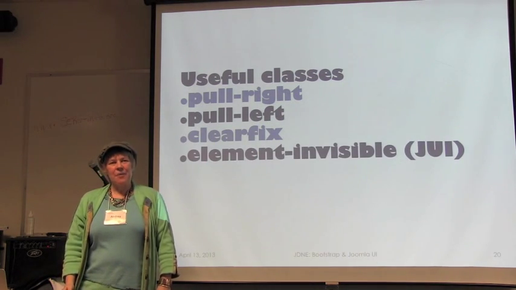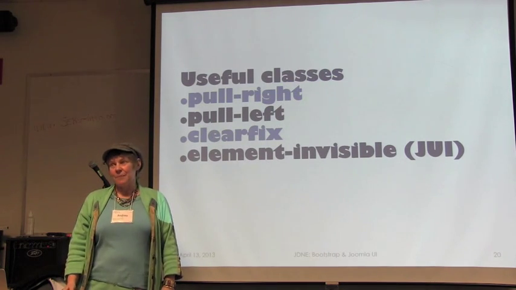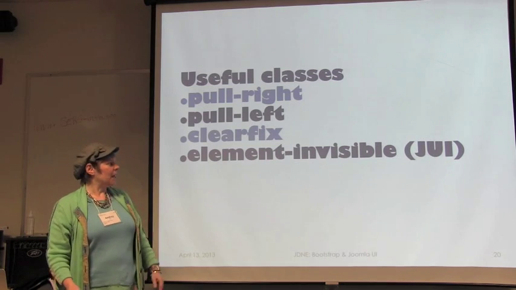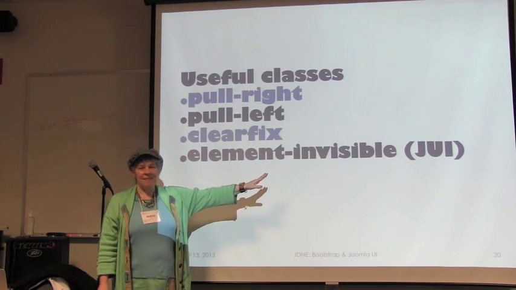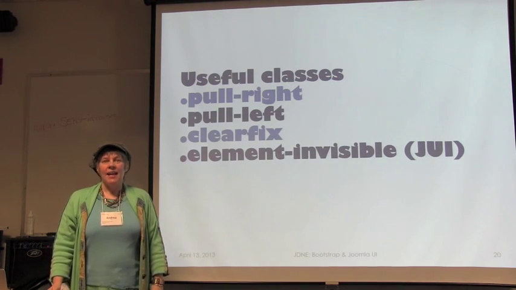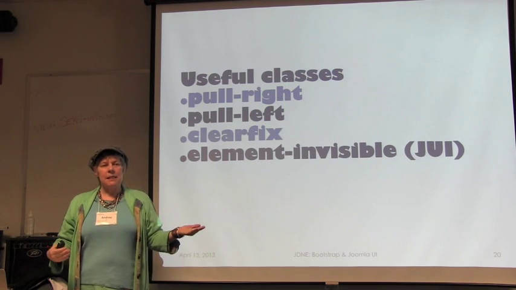And then another thing that we have, and this is part of the Joomla UI. This is not part of Bootstrap per se, but if you're using the one that we have in Joomla, it has an element invisible that you can put that class on things, and you cannot physically see it on the screen, but it still exists.